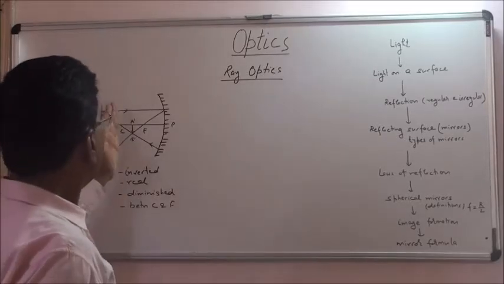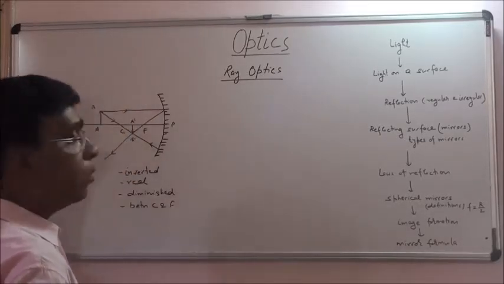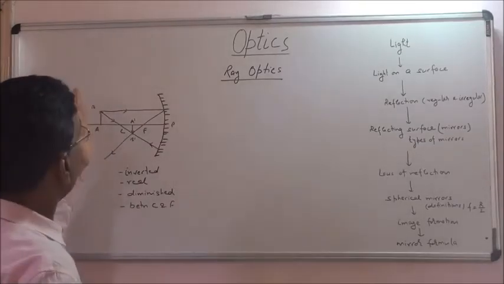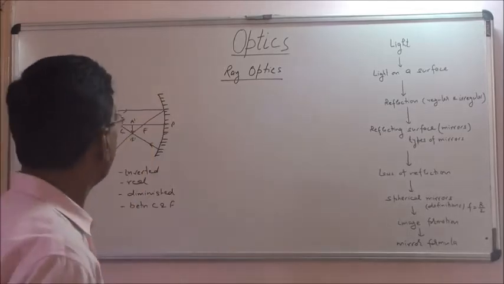For object between C and F, image is formed beyond C. Size will keep on increasing as the object is moved towards the mirror.